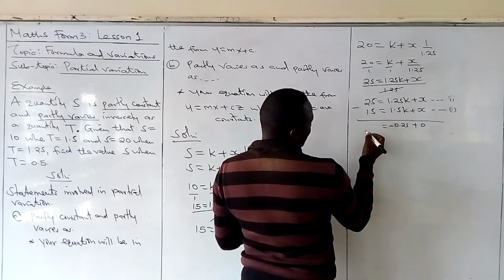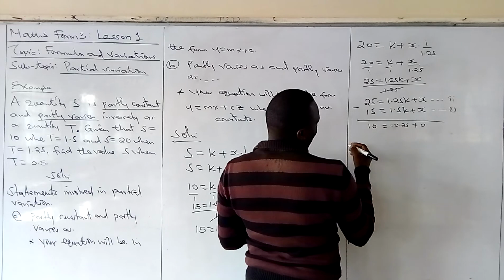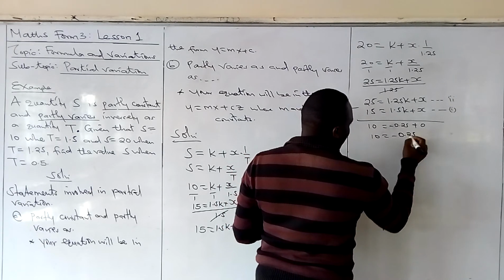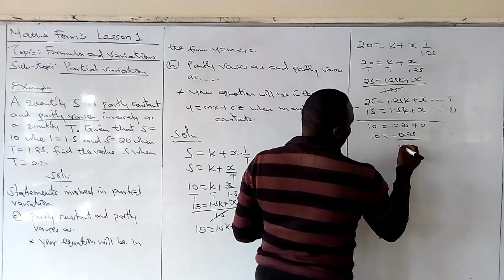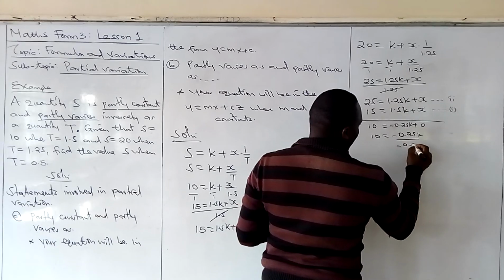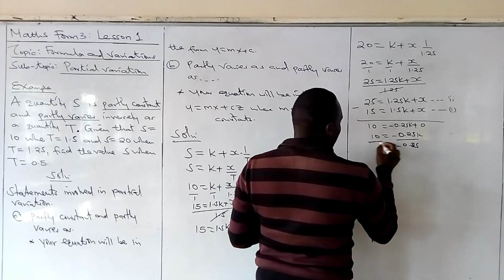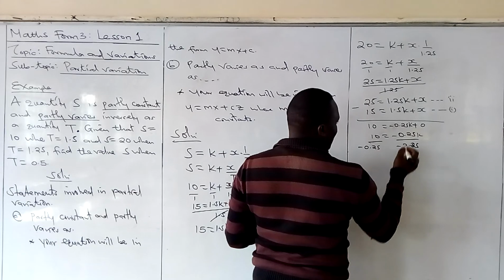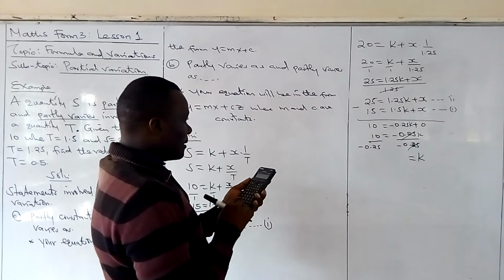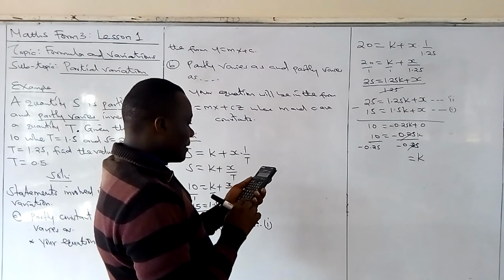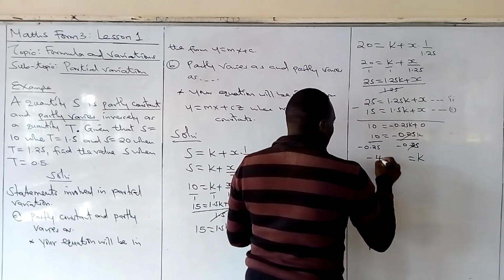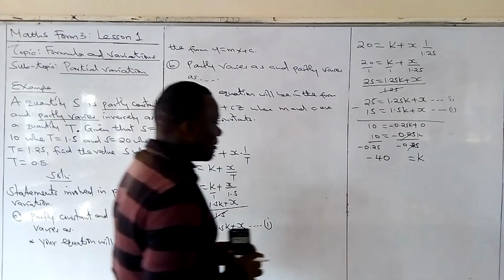When you subtract the constants, we get 10. Now, this is 10 is equal to minus 0.25k. We divide by minus 0.25 on both sides. So our k becomes 10 divided by minus 0.25, which gives us minus 40. So that's our value of k.